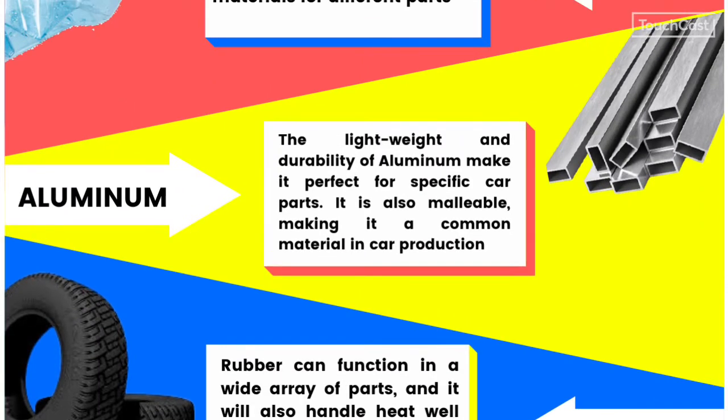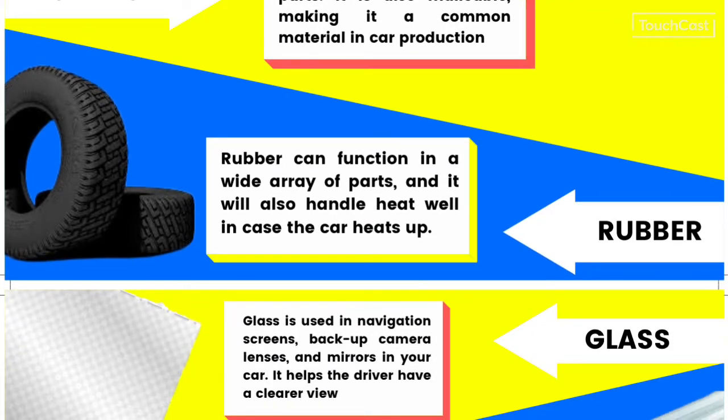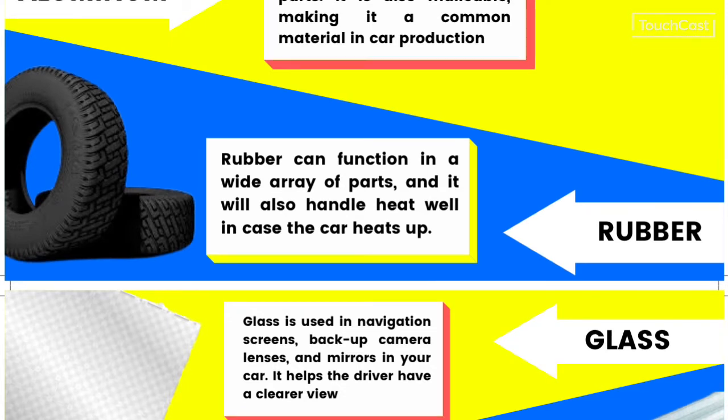Number 3, aluminium. The lightweight and durability of aluminium make it perfect for specific car parts. It is also malleable, making it a common material in car production. Number 4, rubber.